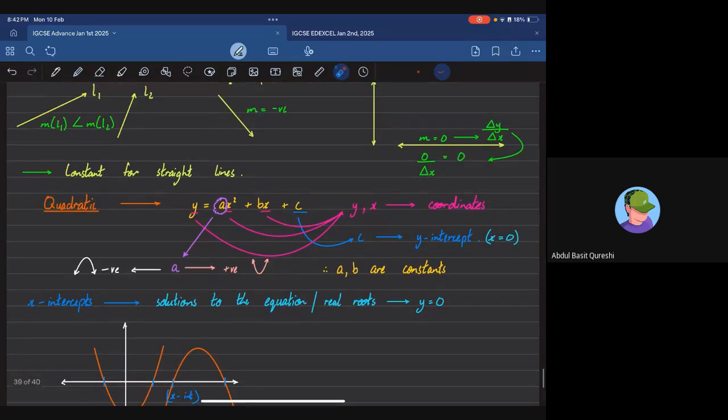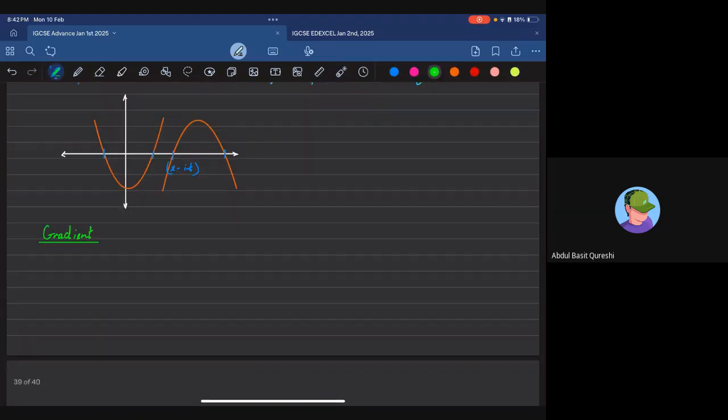Why? The gradient was constant for straight lines. Gradient is obviously not going to be constant for curves. So the gradient is non-uniform, which means not constant. The gradient is non-uniform for curves.